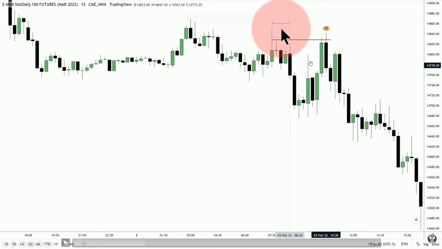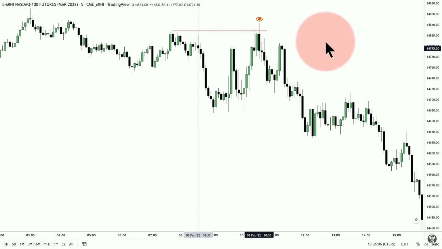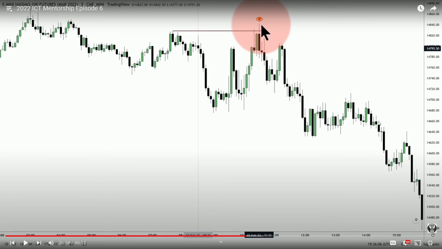But as you can see over here, the black candle is formed on the 15 minute, which signifies that you want to be entering short there. Once you have this level on your chart on a 15-minute time frame, you drop down to the 5. Everything's transposed from the 15 to the 5 minute. You can see it trades above it here, and the market starts to trade lower. All right, so that example was from episode 6.